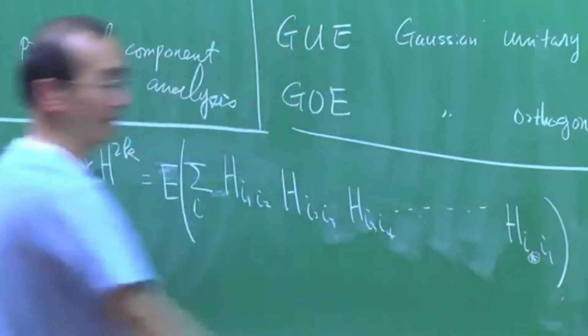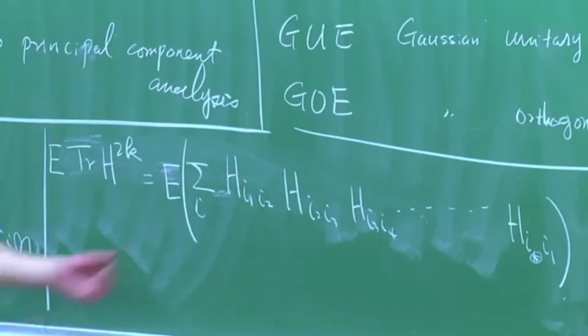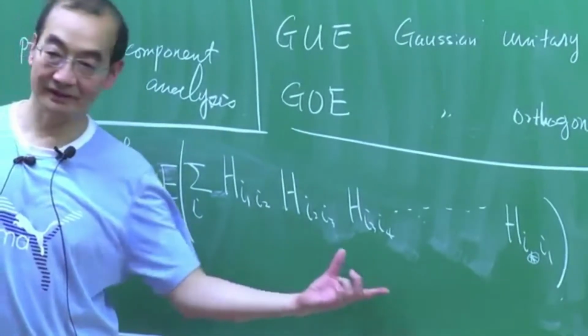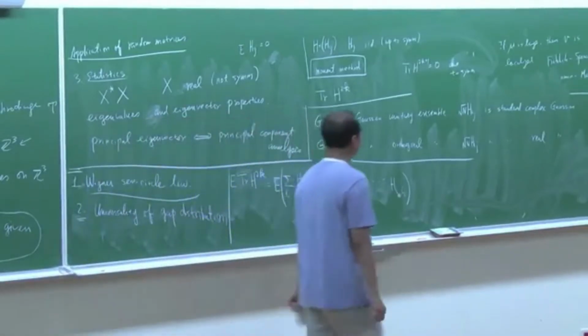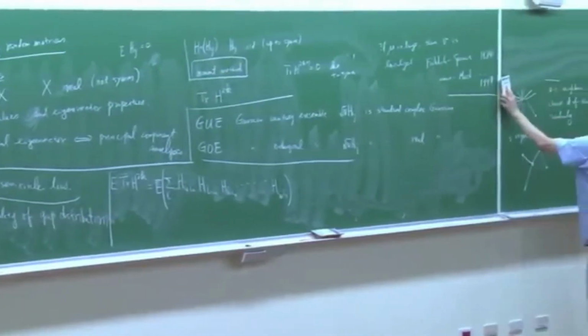Because these random variables are Gaussian, you can compute the expectation. Let me try to explain how you compute expectation when it's Gaussian.